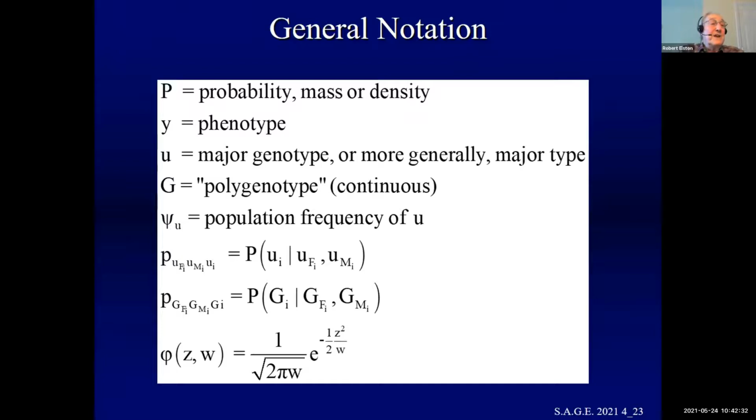You have to realize you have the probability that an offspring is G_i given the father is G_Fi and the mother is G_Mi. And now we will define this. This is the ordinate Z of a normally distributed random variable with mean 0, if you like, and variance W.